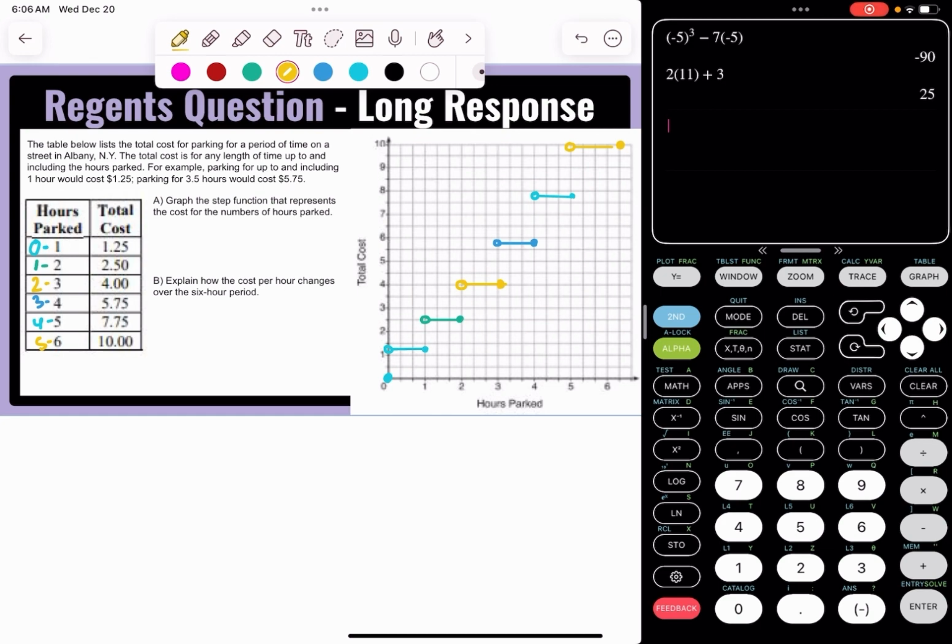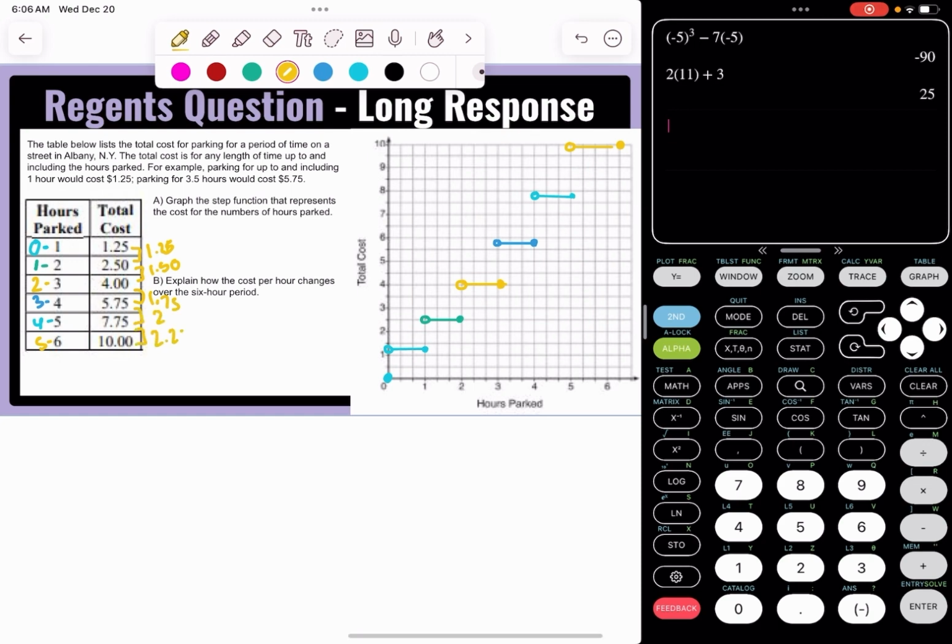So each hour your vehicle remains parked, your total cost increases by $1. This increases by $1.25. Then right here, we increased by $1.50. Here was $1.75. Here was $2, and this was $2.25.